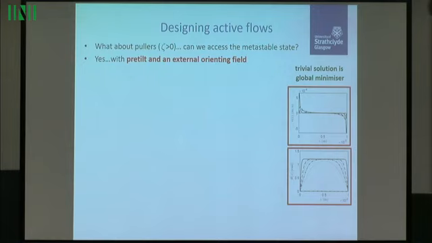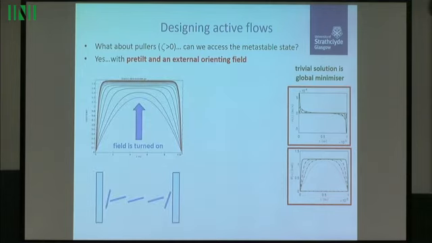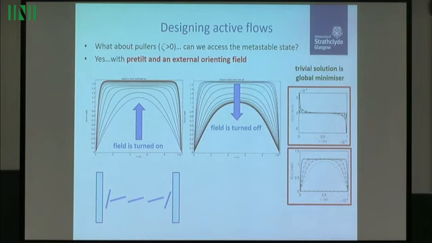This could be polarized light orientation. However we do it, what we could do is turn on an orienting field to enforce this kind of director structure, this orientation of my organisms. Once it's on there, if I relax my system, I turn my field off, I go to one of these states. I don't go to the trivial state. That's the key thing. So I can manufacture this bulk flow in this way.